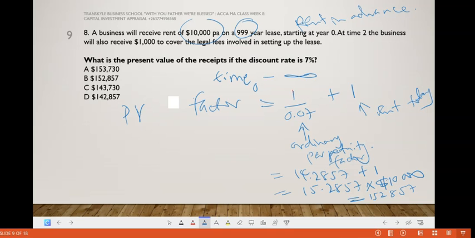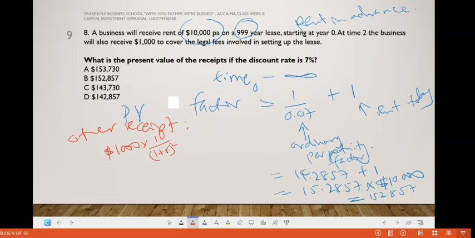We then have to consider the other income, which is receivable in year 2. We can simply call it the other receipts, and we are told that this is $1,000, received in year 2. So multiply by 1 over 1 plus r to the power 2.